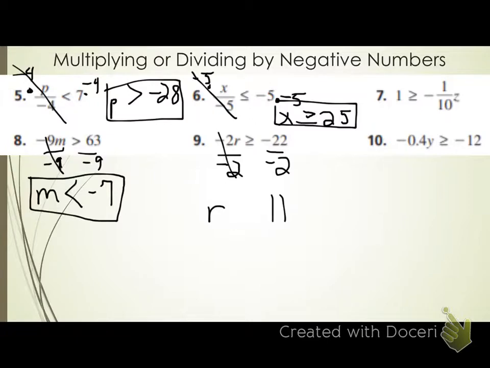Does my inequality symbol flip or stay the same? Flips. Divided both sides by a negative number. Questions on 9? I'm moving too fast for anybody? I'll slow it down.